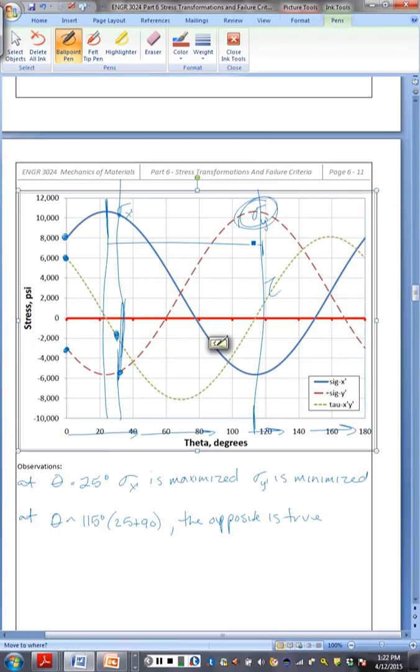Sigma y prime is maximized, and sigma x prime is at the smallest value.